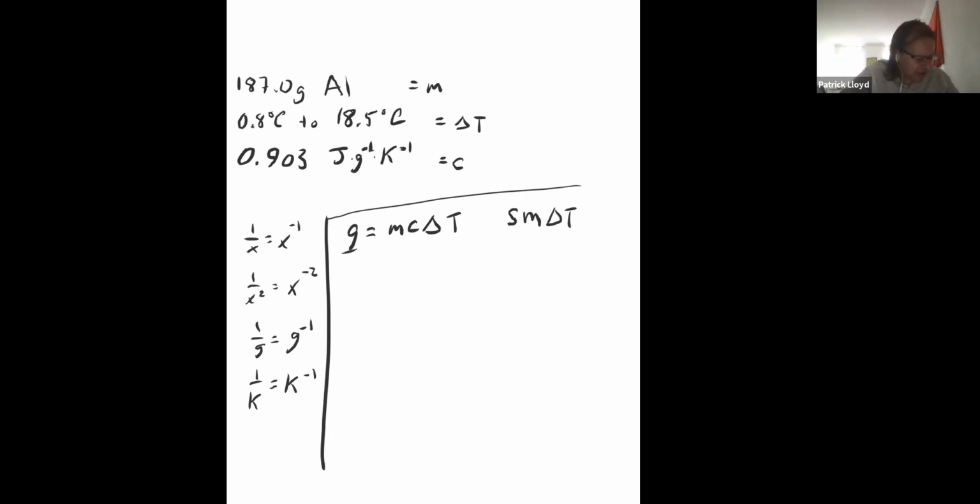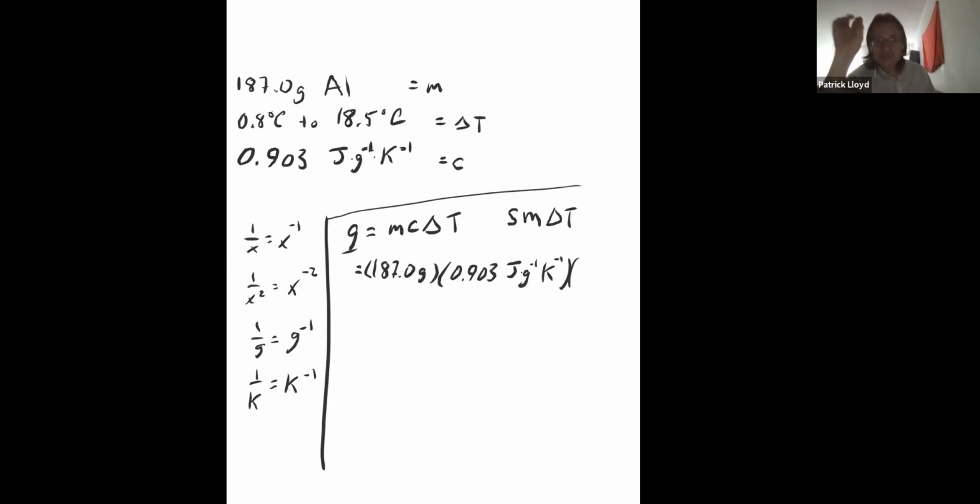So our mass is 187 grams. It's in grams, so that should be okay. The specific heat capacity is 0.903. Oops, I almost put degrees C. And then we've got to do our delta T. Remember, delta T in Kelvin is the same as delta T in Celsius.